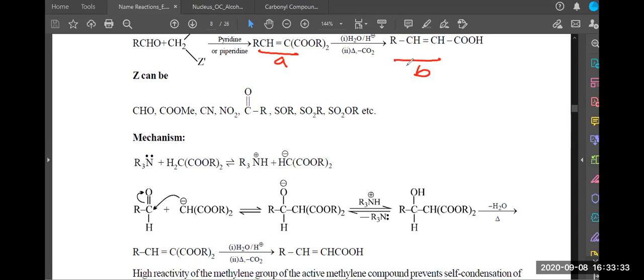For example, I hope all of you have heard of Darzens reaction, right? There are many reactions which we have studied, but we didn't know the name. Name wise, yes, it is out of syllabus. But don't consider this as out of syllabus because this is just a condensation reaction.